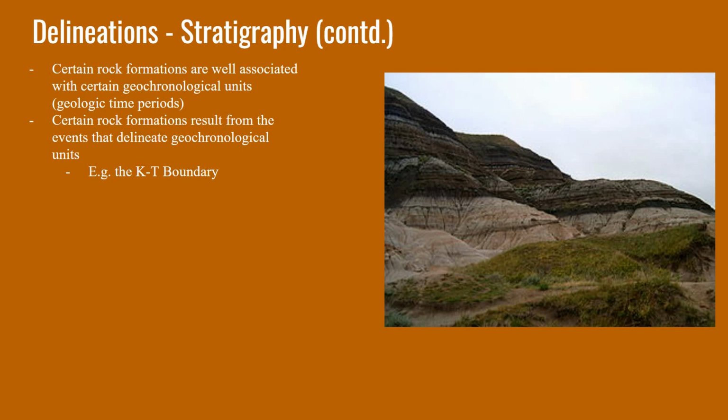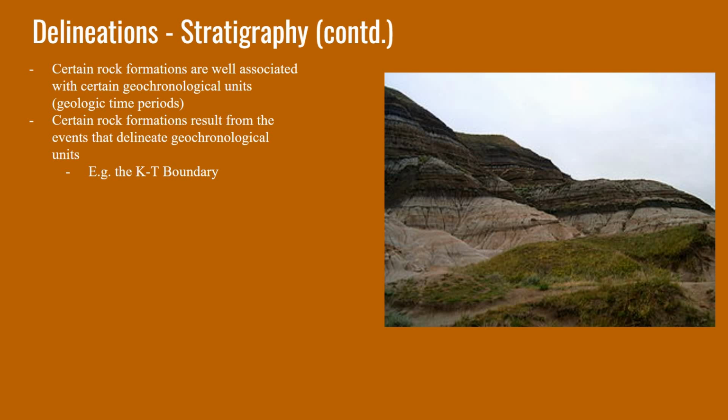Now, I said earlier that stratigraphers can determine the relative ages of rocks. In certain cases, you can actually get an absolute age for certain rock layers. This isn't really stratigraphy, but just something you can do in the field.